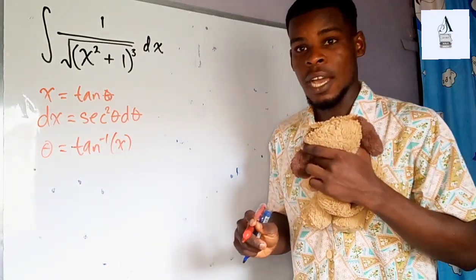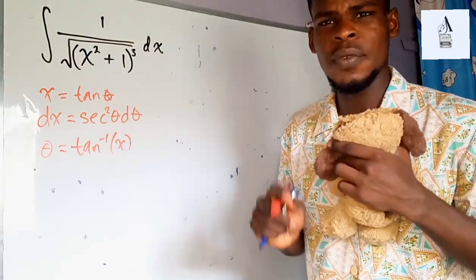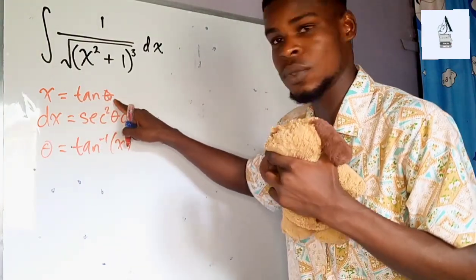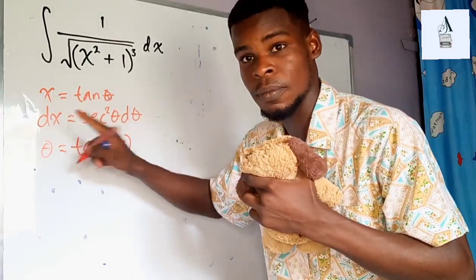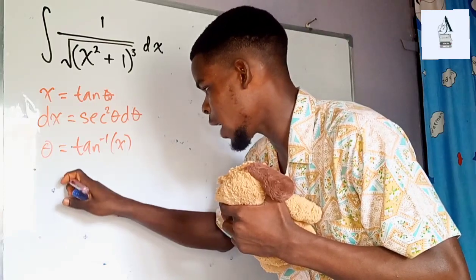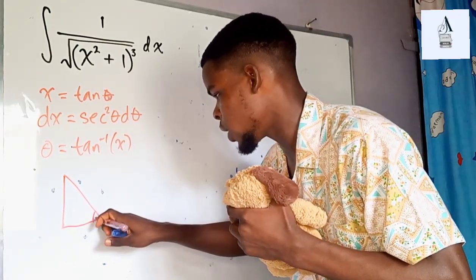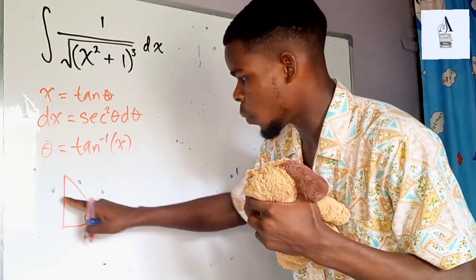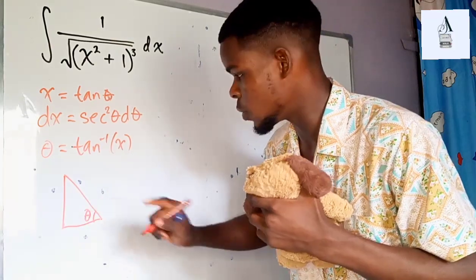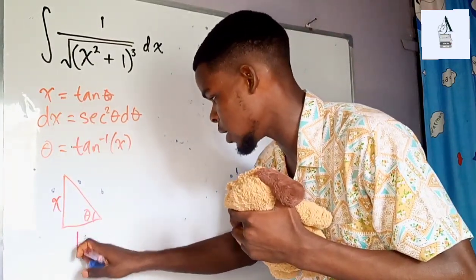Lastly, if we have x to be tangent theta, that means tangent of an angle theta is x, and not just x, you can also say it is x over 1. For example, if you have a right angle triangle like this, where the angle theta is positioned, tangent is opposite over adjacent, so opposite is x and adjacent must be 1.